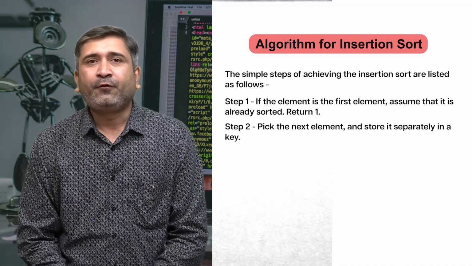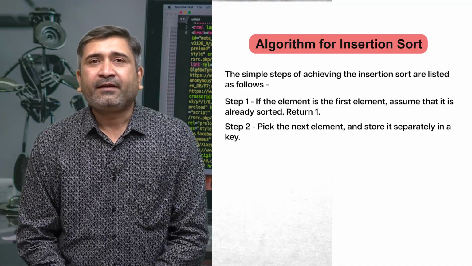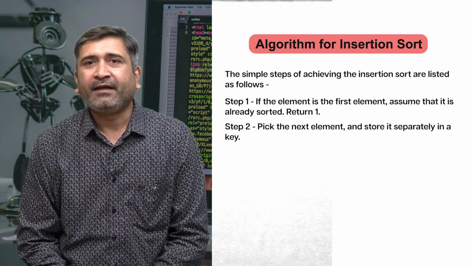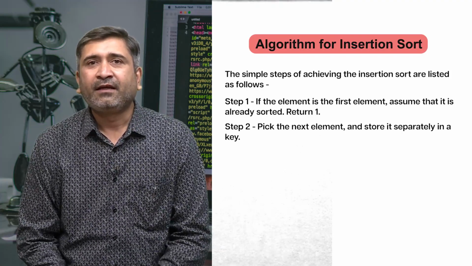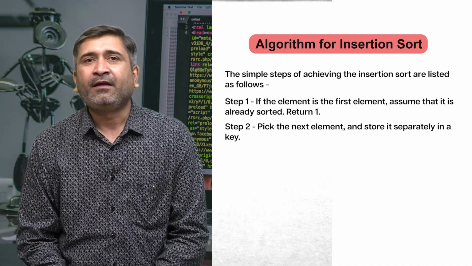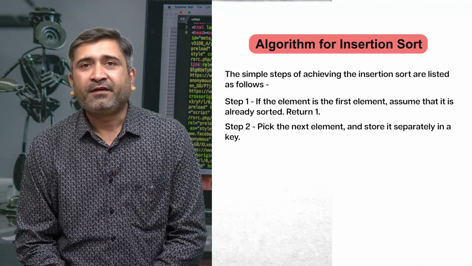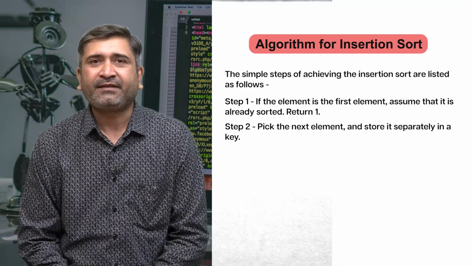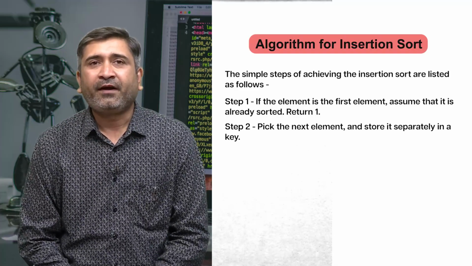In step 2, pick the next element and store it separately in a key. In the first step we assumed the first element is already sorted.